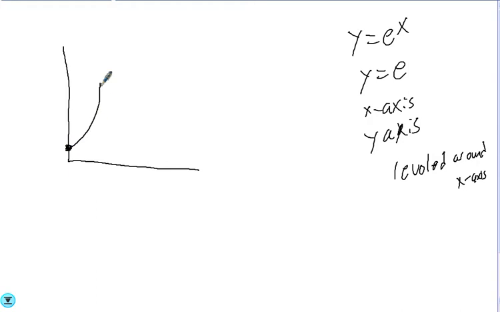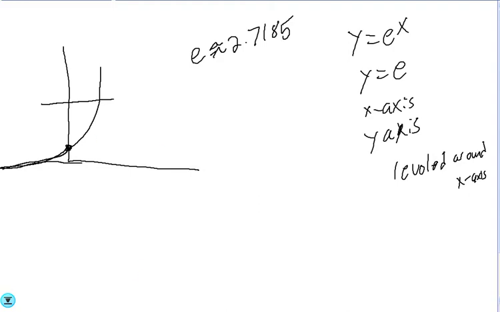So this is the information that we need. Here's what y equals e to the x is going to look like. That's just an exponential function, which would have its tail coming down at its asymptote. And then we have y equals e, this line here. Remember that e is approximately equal to 2.7185.